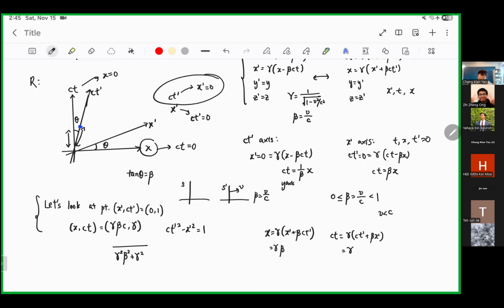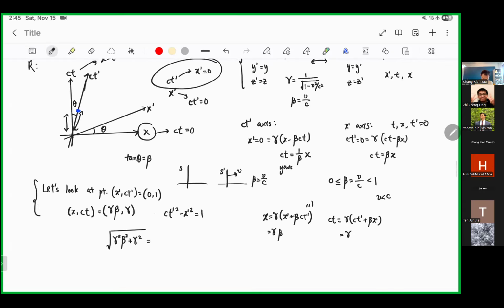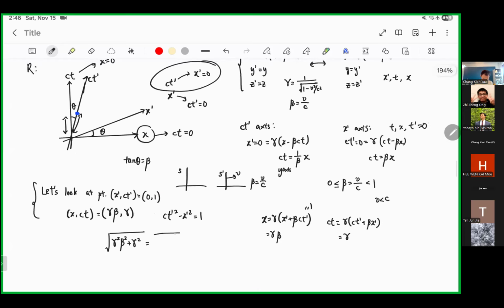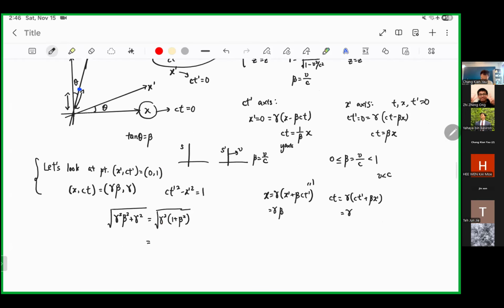Okay, I see. ct prime is 1, so this should be 1. You have gamma beta, and if you take the absolute value of this, it's essentially the square root of 1 plus beta squared, and gamma squared is this thing.